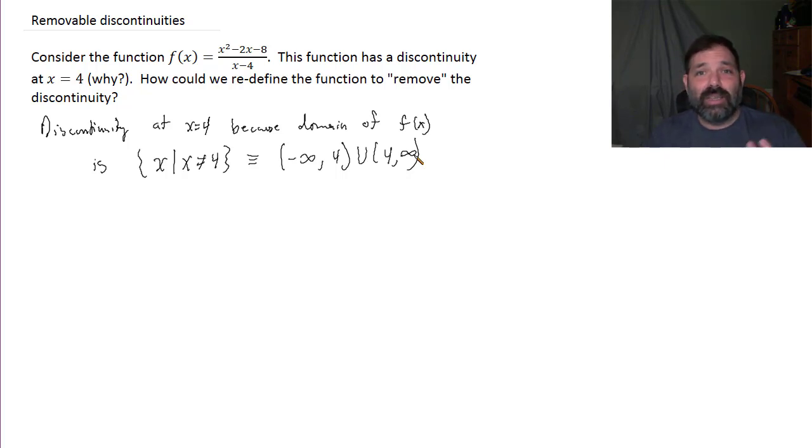Because if we let x equal 4, it would give us a 0 in the denominator.